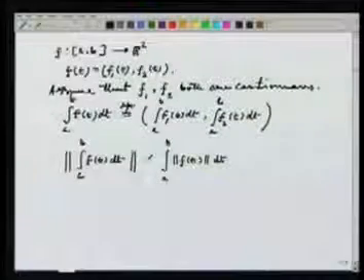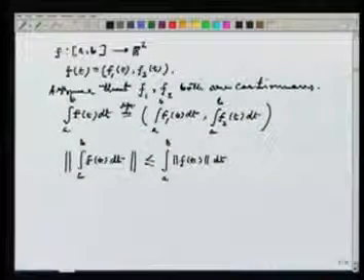Now, the question is, what is the connection between these two real numbers? The left hand side is the norm of a vector, so it's a real number. The right hand side is the integral of a real valued function. T going to norm f t is a continuous real valued function on the closed interval ab. So I integrate it, I get a real number. What is the connection between these two real numbers? Well, the connection turns out to be less than or equal to.